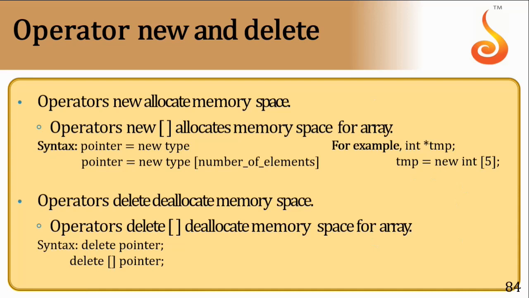So if I say new int[5], it will be for 5 into 2, that is 10 bytes of memory allocated. Here I am saying I will have 5 elements, that is why for 1 it is 2, then for 5 it is 10. That many bytes of memory would be allocated, and temp would be pointing to that.